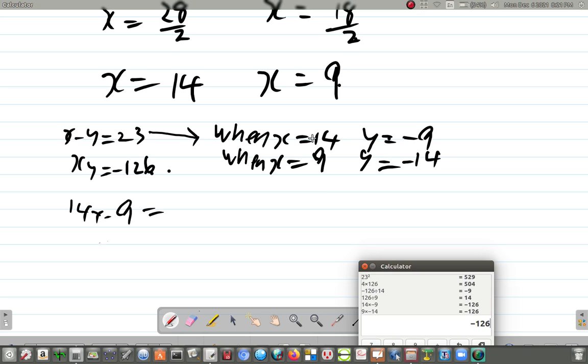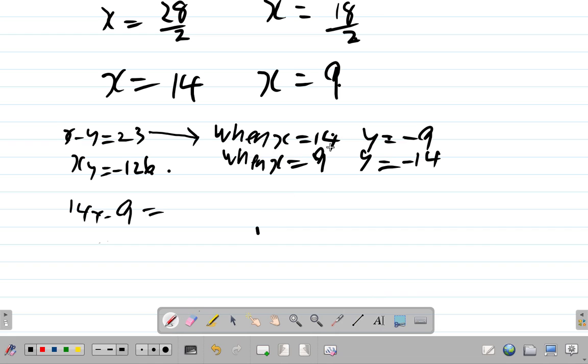Notice you cannot use this x and this y, you know. Right? You can't mix them up like that. If you try, x is 14, y is negative 14, you're going to have 28, not 23. So again, you see that you're wrong. Remember, this x and this y go together.